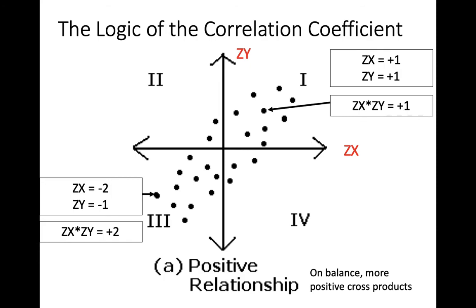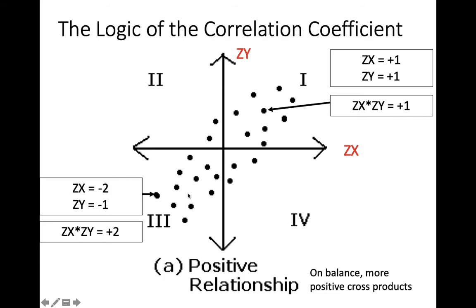So here's why. Going back to our example, when we've got a score that deviates positively from X and Y on both, okay, and so when transformed into a z-score, we've got a positive z-score on X and a positive z-score on Y. When we take the cross product, which is nothing more than multiplying zx by zy, we notice that we get a positive cross product. Okay.